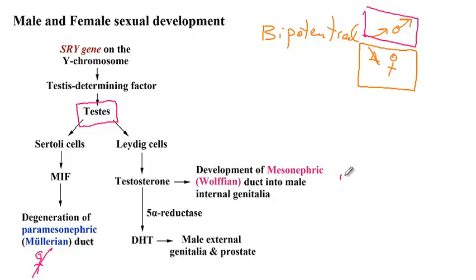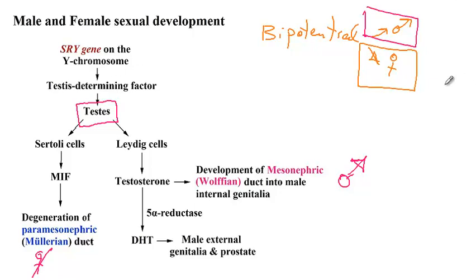So now we have male reproductive organs developing. And then at the same time, testosterone will be converted into dihydrotestosterone, or DHT, with the help of 5-alpha reductase. And this DHT induces the formation of the male external genitalia as well as the prostate gland. All right, so this whole thing happened under the circumstances where the SRY gene was present on the chromosome.